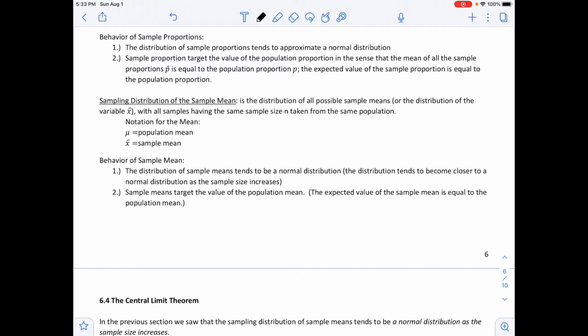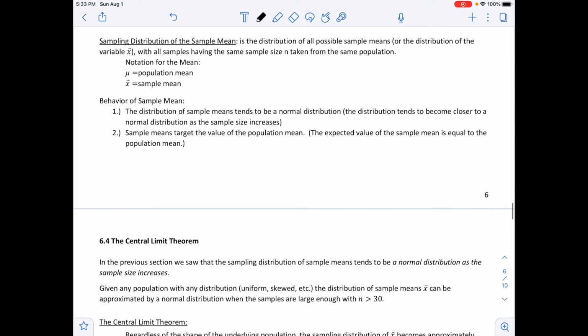Also, the sampling distribution of the sample mean is the distribution of all possible sample means, or the distribution of the variable x bar, with all samples having the same sample size n taken from the same population. Again, the notation is going to follow us through the rest of the semester.